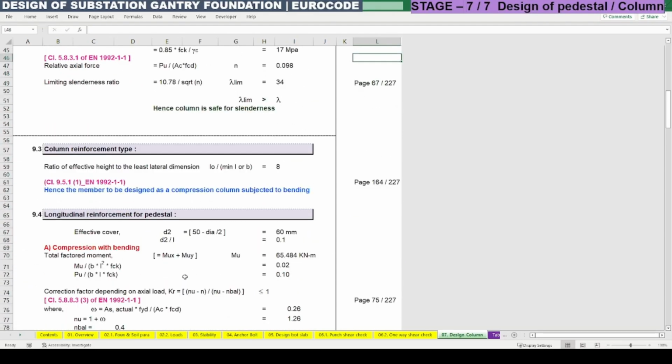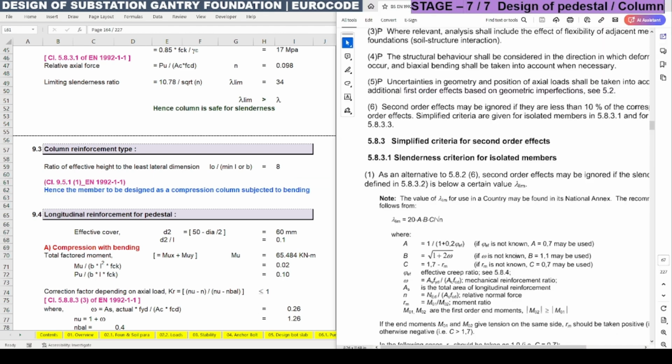Next one is we need to check the column reinforcement requirement or type. How to do that? For that we need to refer clause 9.5.1 and note 1 of EN 1992 part 1 section 1. For that, page number 164 to be referred. So on the right hand side you can see that PDF file.